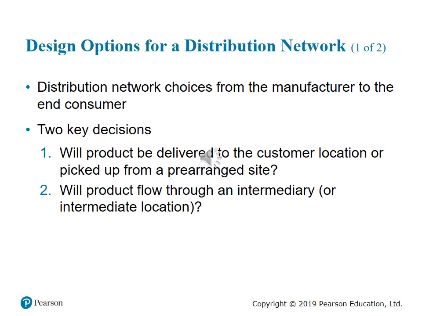Are you going to deliver directly to customers, deliver through intermediaries and so on, or will customers come to a site and pick up the product? The second decision: will product flow through an intermediary, such as distributors or retailers, or an intermediate location? Okay, so it's very important that we recognize these two decisions.